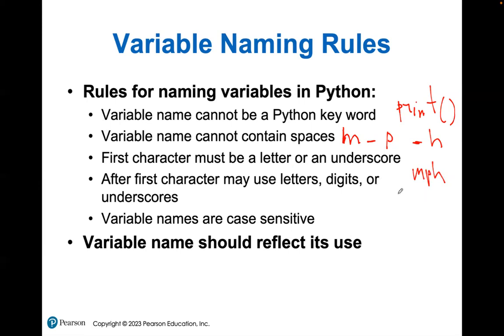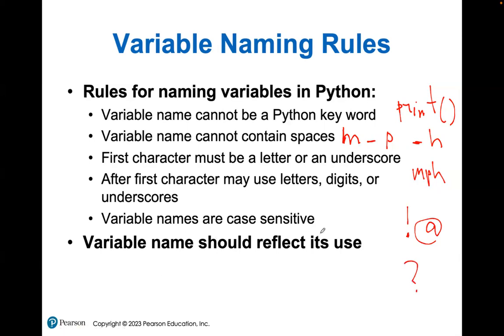The first character must be a letter or an underscore, so it cannot be a number, it cannot be a sign, only a letter or an underscore. And after that first character, you can use either letters, digits, or underscores. So you cannot use exclamation points, you cannot use anything like this. This will not be allowed. So you can only use letters, digits, or underscores.